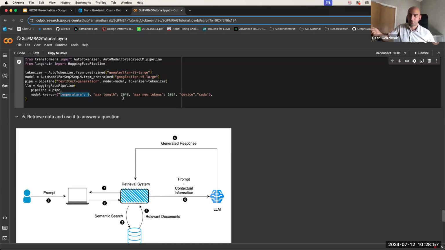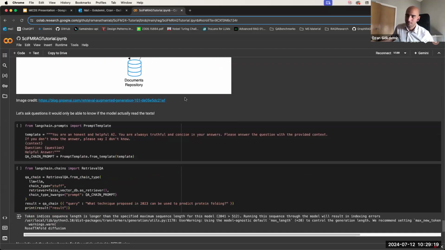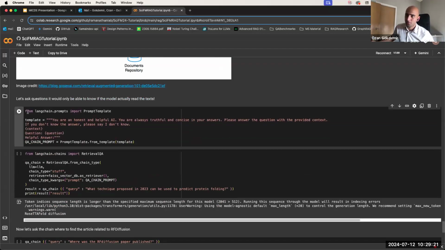The higher the temperature, the more creative the model will get, that is, it will sample from more of the probability distribution available to it at each token. Then max length, the maximum tokens. Then you go on and put up a prompt template.